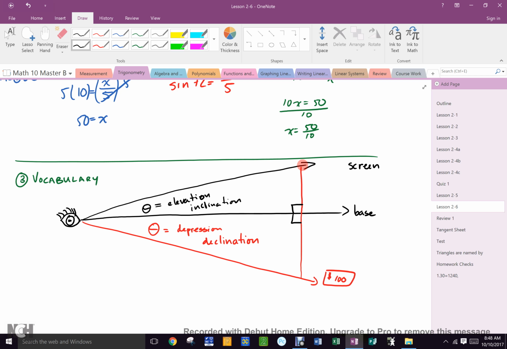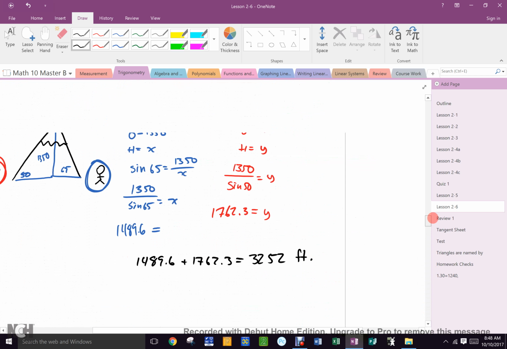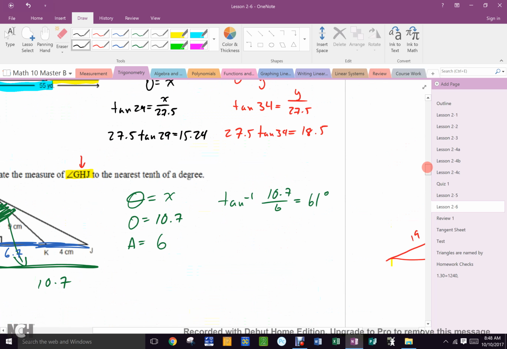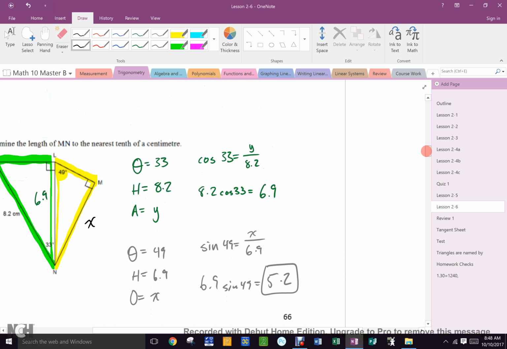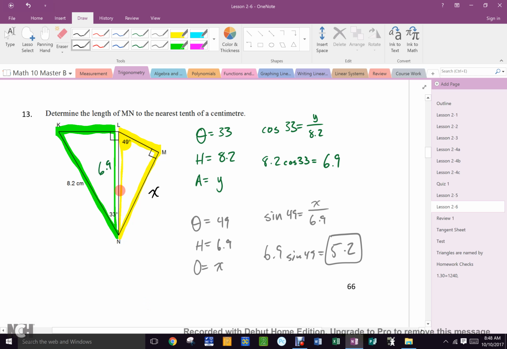Okay? Now, please remember, sometimes, like on this question right here, you need stuff from this triangle, the green triangle, to find the answer that you need for the question.